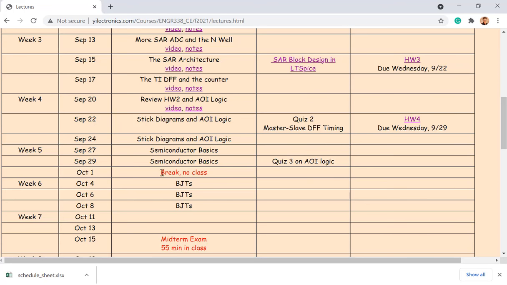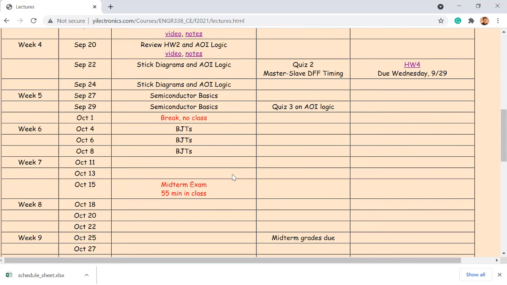And break on October the 1st. You know that, right? It's a long weekend. Friday is the 1st. Oh, I do have 3 days break because the ABET review is starting on Monday.